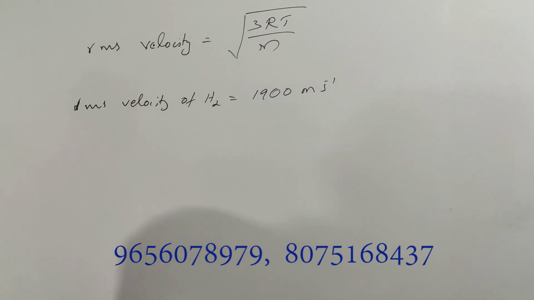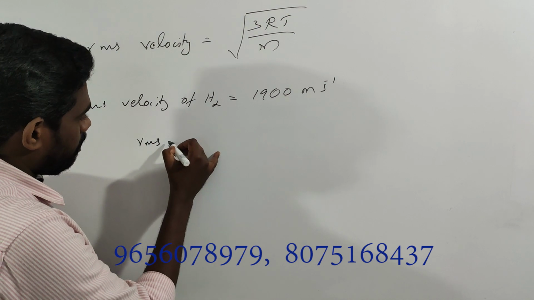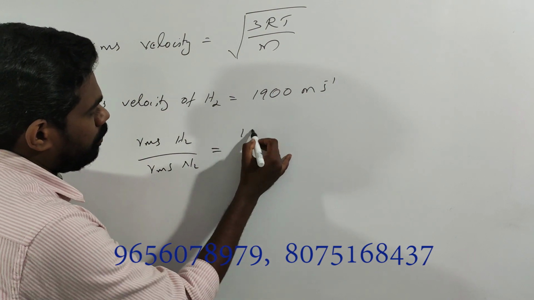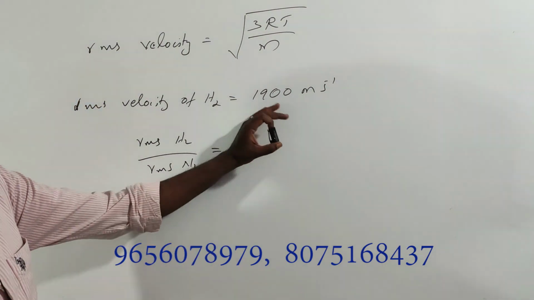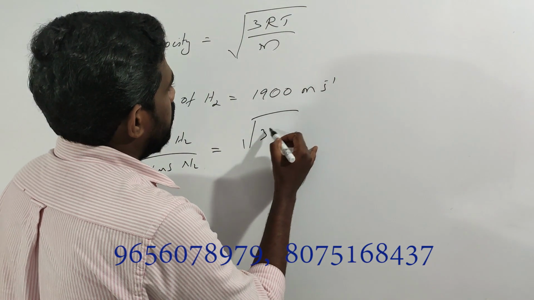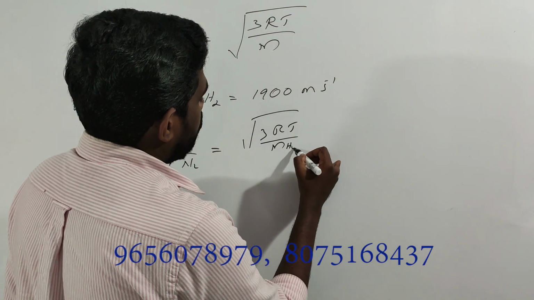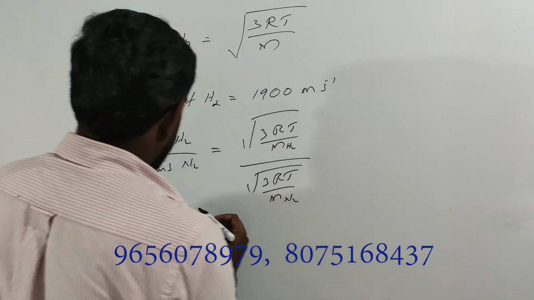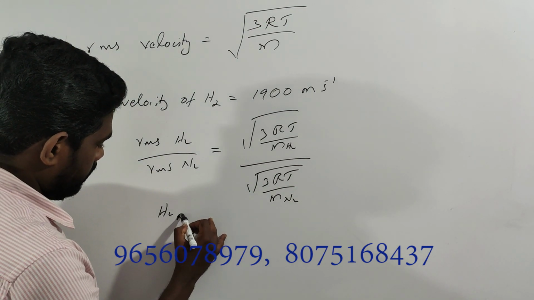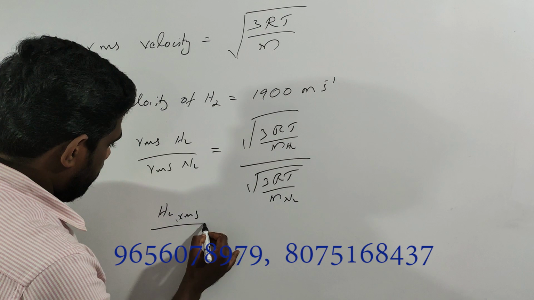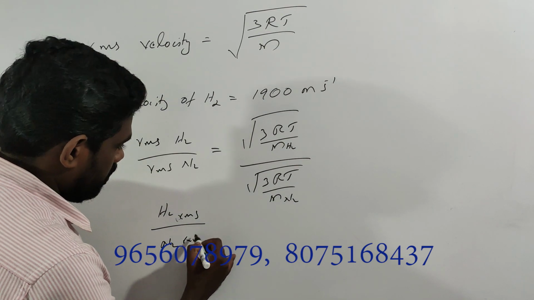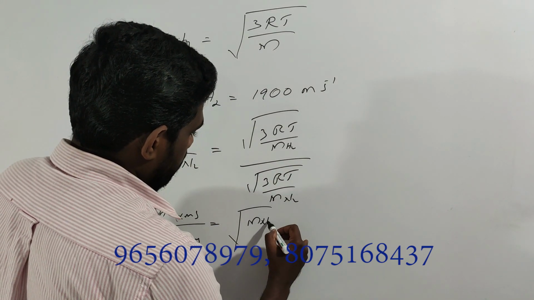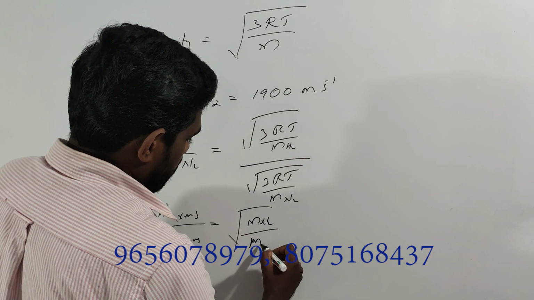So RMS velocity of hydrogen divided by RMS of N2 equal to root of 3RT divided by m H2 divided by root of 3RT divided by m N2. So H2 RMS divided by N2 RMS equal to, we substitute these values, root of m N2 divided by root of m H2.